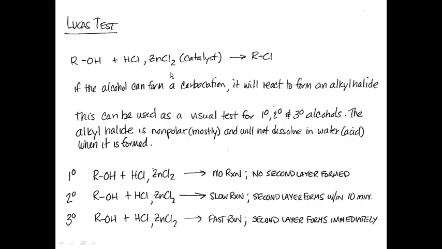This actually is the basis, and I digress here for a moment, this is the basis for another qualitative analysis test that goes with the chromic acid test that I talked about in the last lecture.